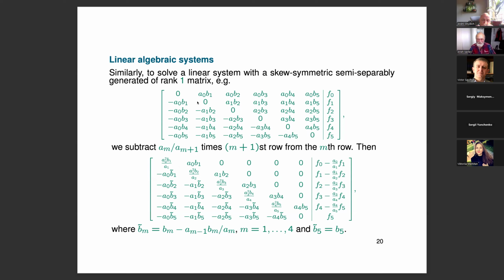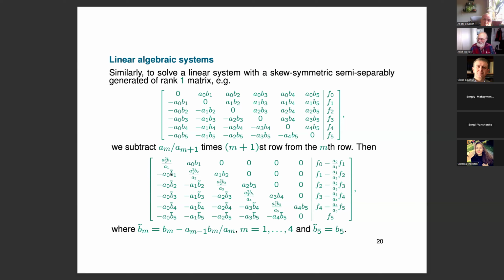And then we continue going down the matrix, and by the end of the day, we obtain an upper Hessenberg matrix. Except for the first superdiagonal, everything is 0. And all this has been done in order n operations. Of course, the right-hand side is also changed. Now we repeat exactly the same thing going from the bottom.